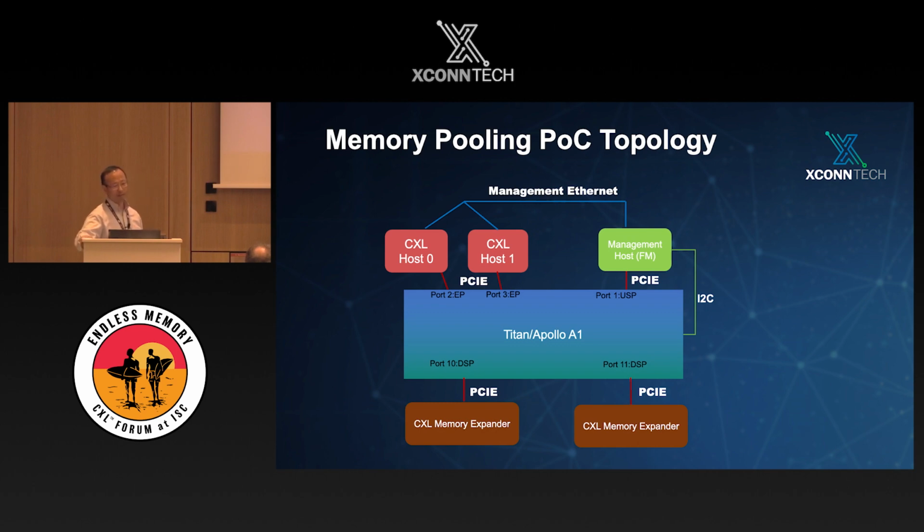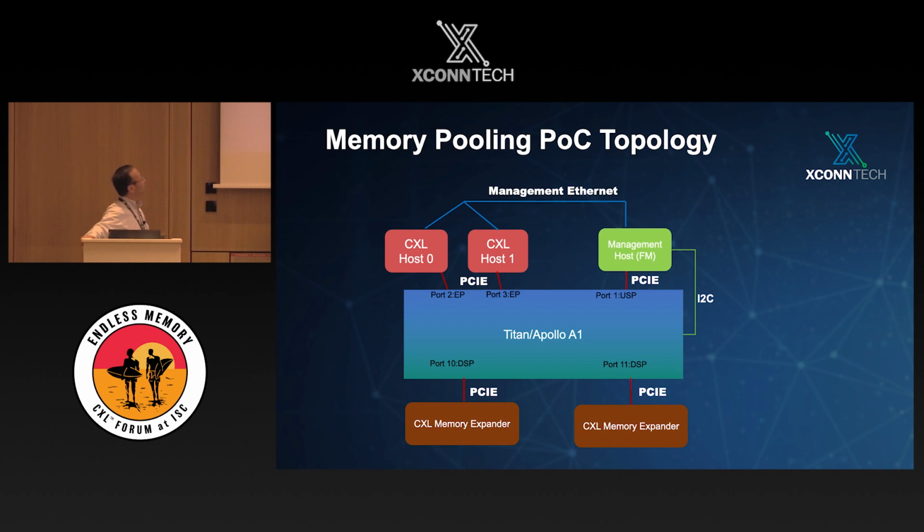So this is the architecture diagram that we're using in our own development. In the center is our switch, and at the top, the red colored part is the CXL host, like those hosts offered by Intel and AMD.